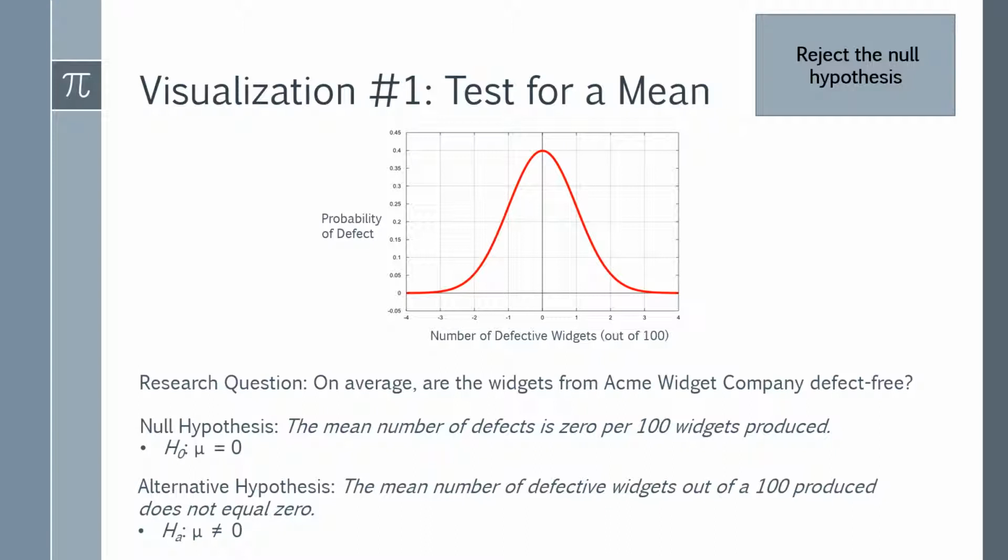The logical conclusion is that the null hypothesis is as follows. The mean number of defects is 0 per 100 widgets produced. The alternative hypothesis then is the mean number of defective widgets out of 100 produced does not equal 0.